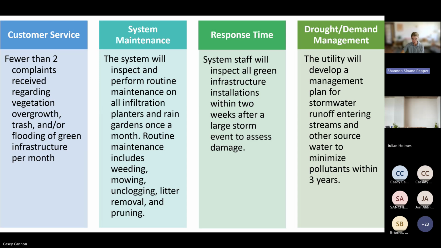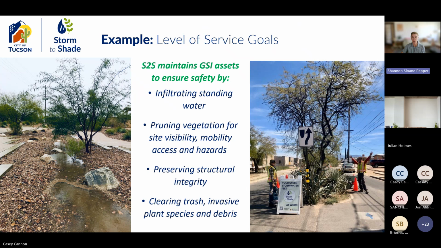Next slide. Here's an applied example from the City of Tucson Storm to Shade program. I'm going to be referencing this program a lot throughout this presentation. I've been working with them pretty closely over the last 6 months. They started their green infrastructure management program back in, I believe, 2020, so they are about 4 or 5 years into implementation of a green infrastructure asset management program.